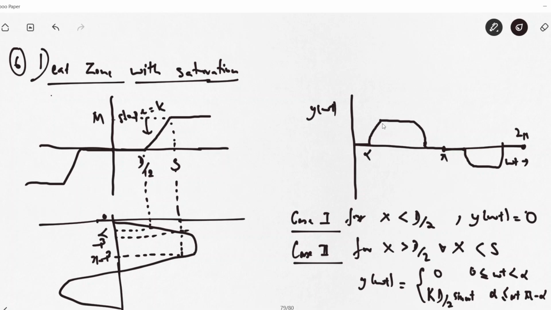Here is alpha, here is beta, here is pi minus beta, this is pi minus alpha. From 0 to alpha, the output is 0. From alpha to beta, the output is a sinusoidal waveform. From beta to pi minus beta, it is saturated output at value m. This m is actually nothing but equal to k s.